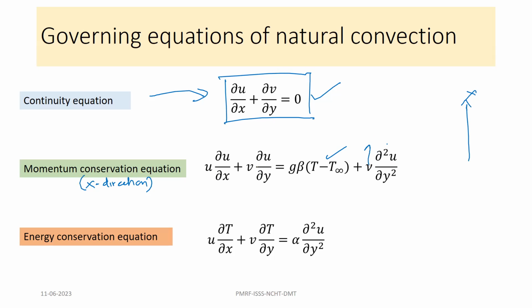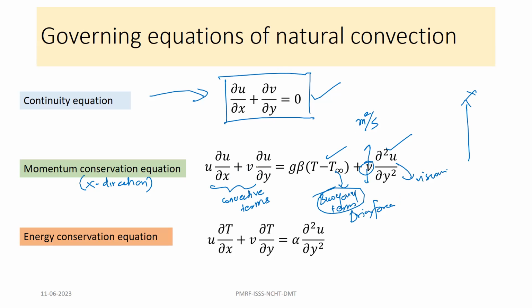Nu is our kinematic viscosity; don't mistake it with the velocity. It has units of meter square per second. These are our convective terms. This is our buoyancy term, which is driving this flow. This is a driving force. And this is our viscous force term, the viscosity of the fluid layers.